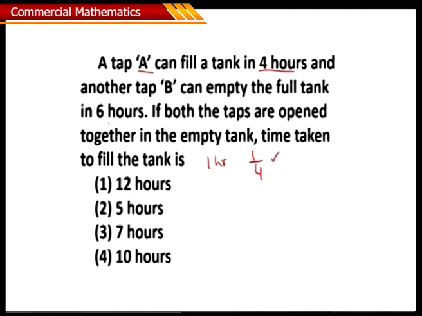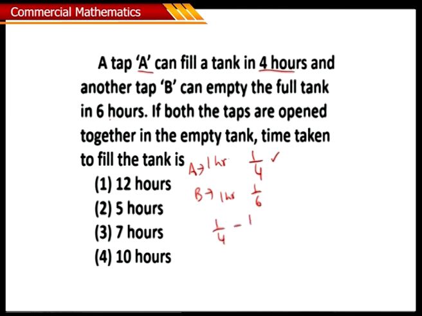And B can empty it in 6 hours. This is about A. And what is B doing? B is emptying the tank. So in 6 hours, the complete tank is emptied. Means in each hour, it empties 1/6 of it. So 1/4 is filled and 1/6 is emptied.